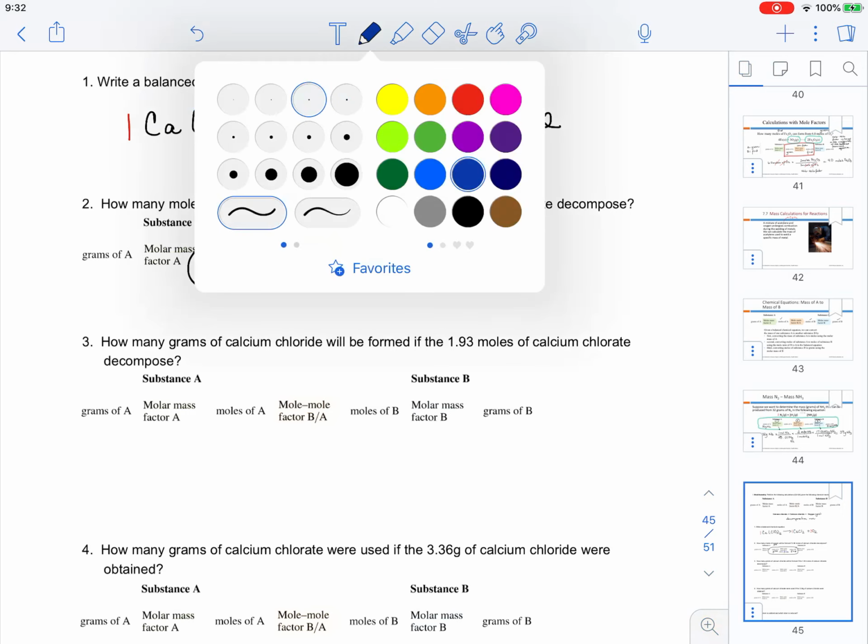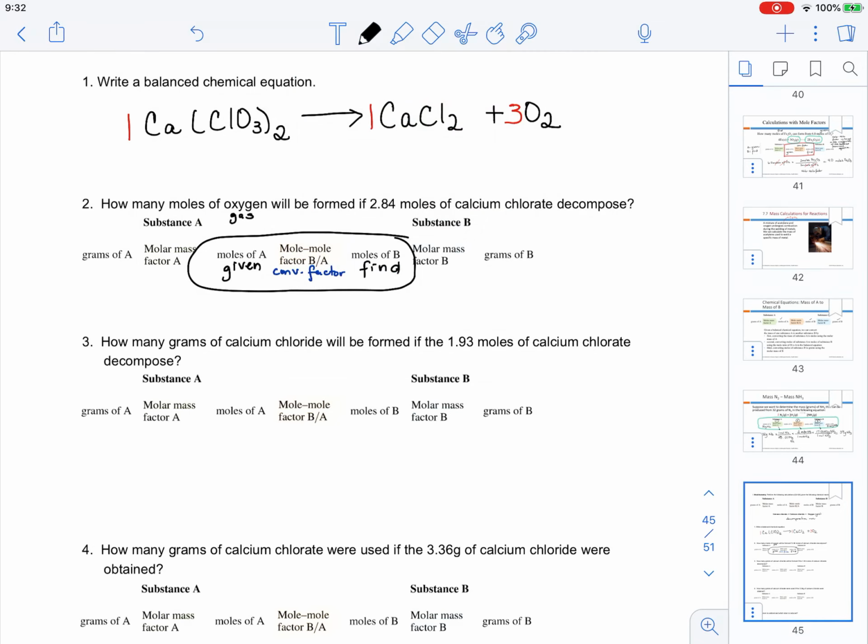So to set up this problem, what we're going to do is write the amount given, 2.84 moles of calcium chlorate, and then we're going to look at the mole to mole factor based on our chemical equation.